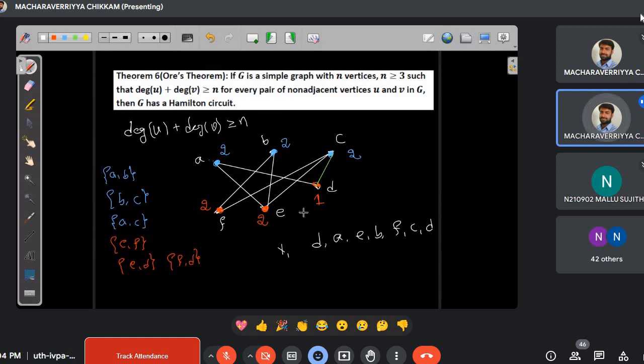So we have a Hamilton circuit, but it's not satisfying the hypothesis of the theorem.